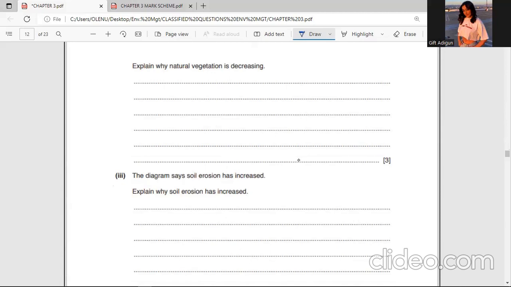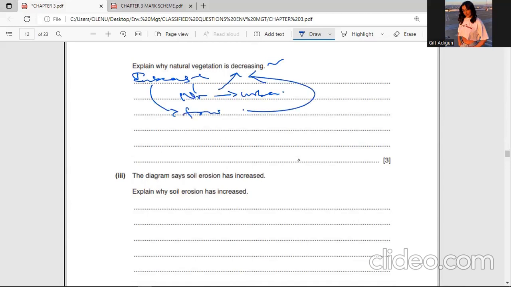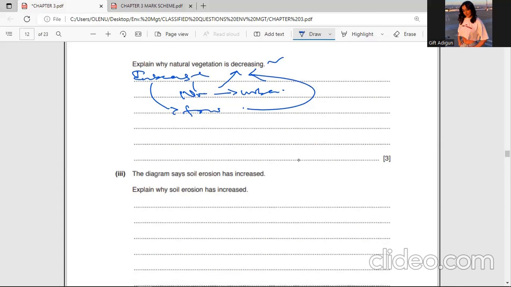Okay. Now, here they say explain why natural vegetation is decreasing. I've explained. If there is an increase in urbanization and also in population, there is an increase in food production, and you have to clear vegetation. So there will be availability of land that can be used for cultivation. That's another reason.